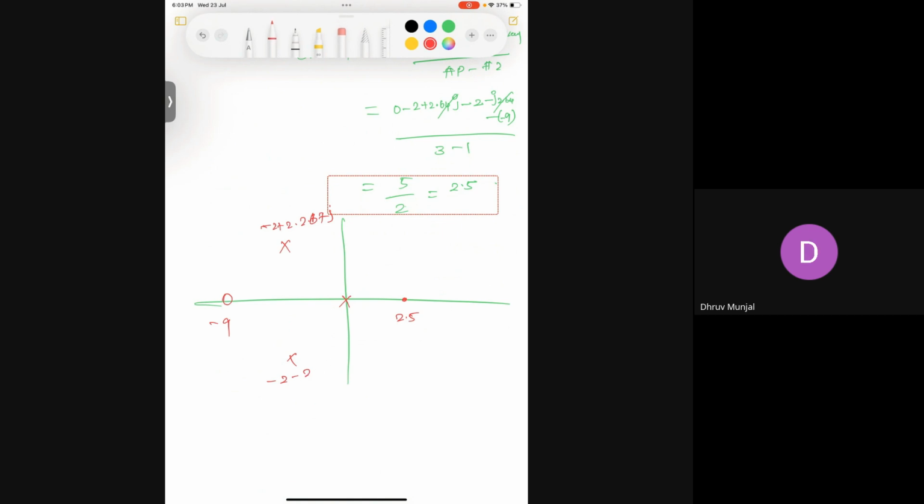Ma'am, won't it be negative 2.5? No, the centroid can be anywhere. Okay.